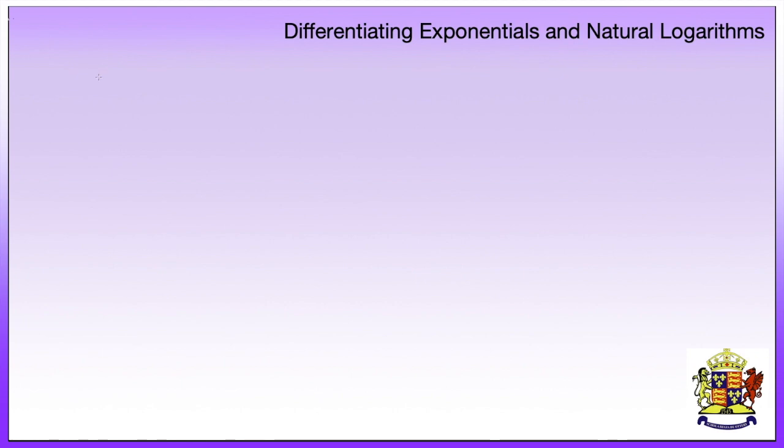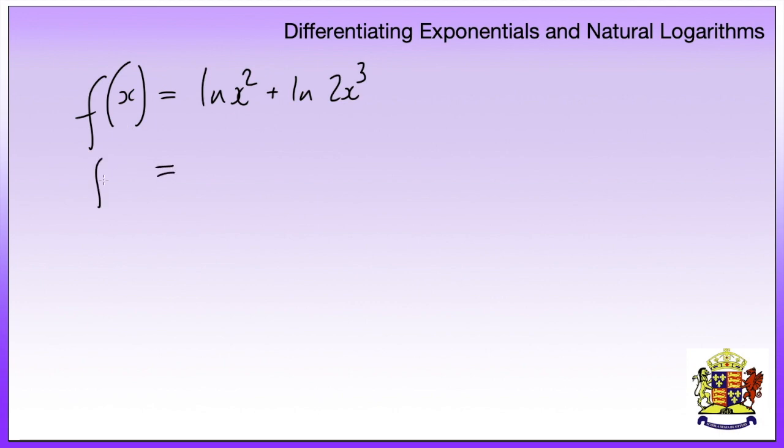If I have f of x equals ln x squared plus ln 2x cubed, then I need to break this down to start with and rewrite it. So f of x is 2 ln x, plus ln 2x cubed, which is ln 2 plus 3 ln x.